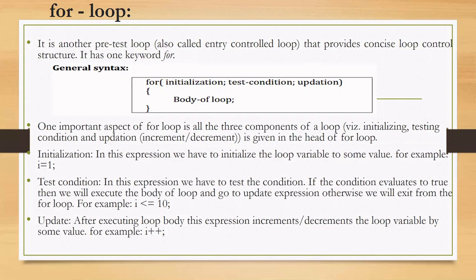Assuming an example: initialization i = 1, test condition i <= 10, updation i++. So what we understood is that i starts from 1, and until i is less than or equal to 10, the body of the loop will keep on executing, repeating the same statements again and again. For every iteration, the updation increments i by 1, that is i = i + 1 or i++.